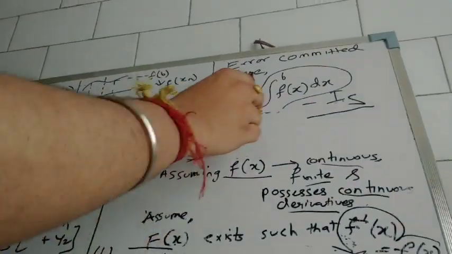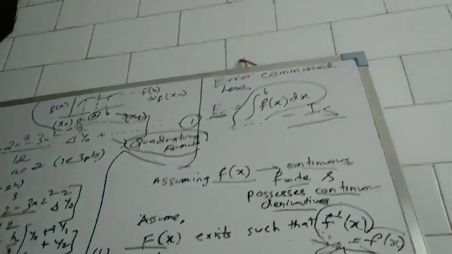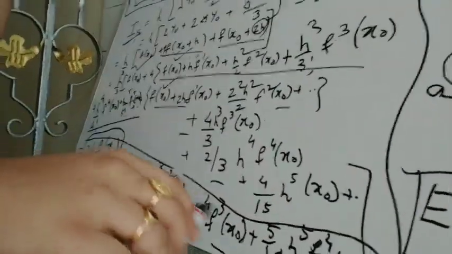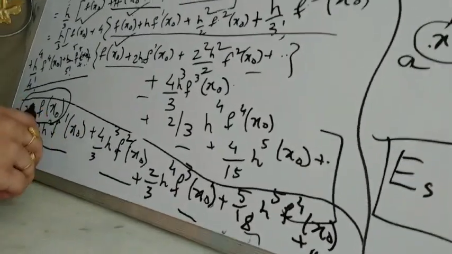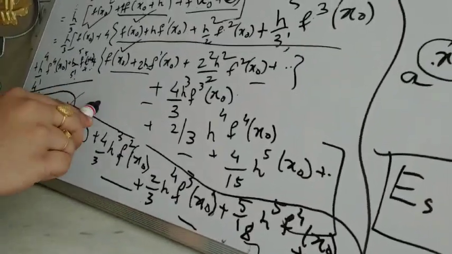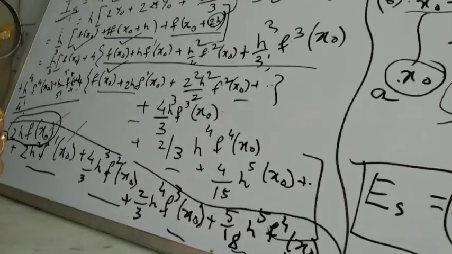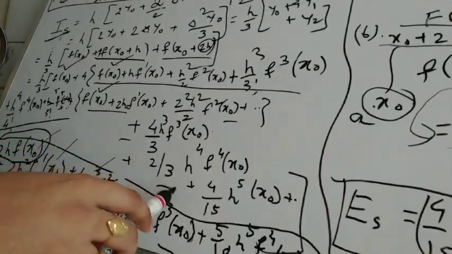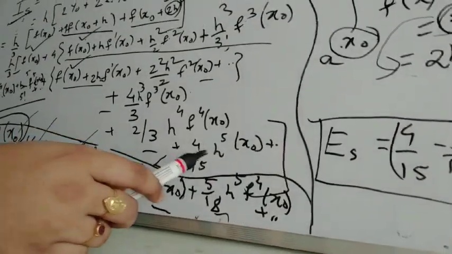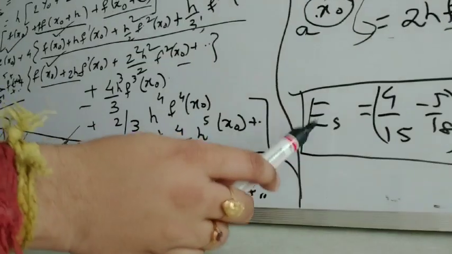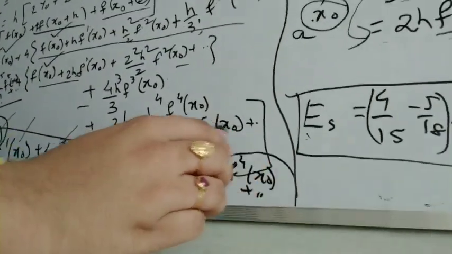Now what you need to do is subtract this whole thing from this one. You will find all terms will get cancelled out. This term will cancel out, this term will cancel out, this term will cancel out, this term will cancel out.